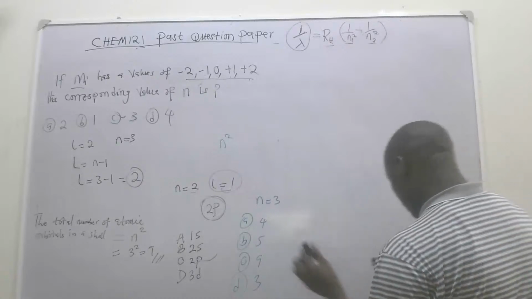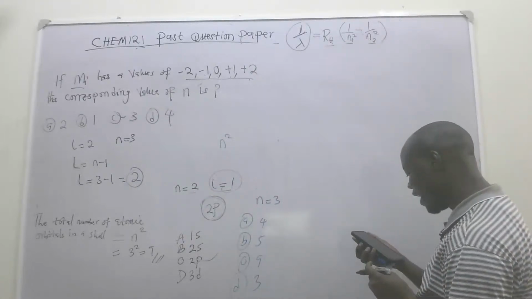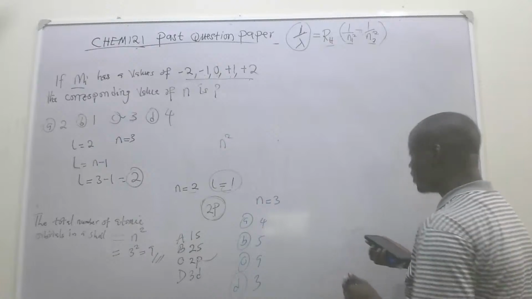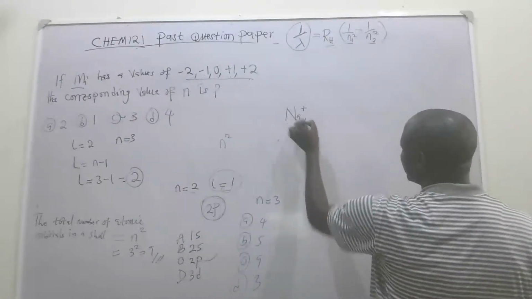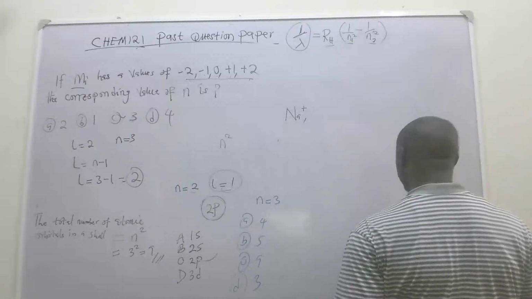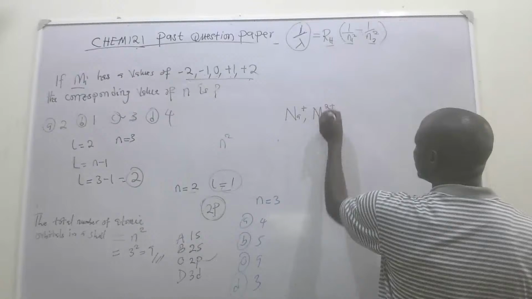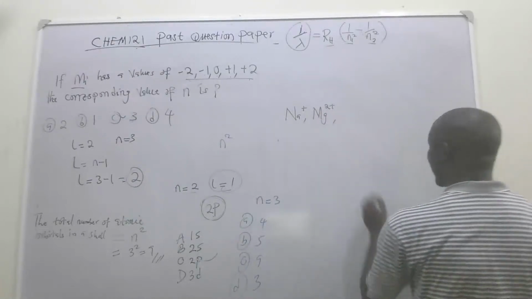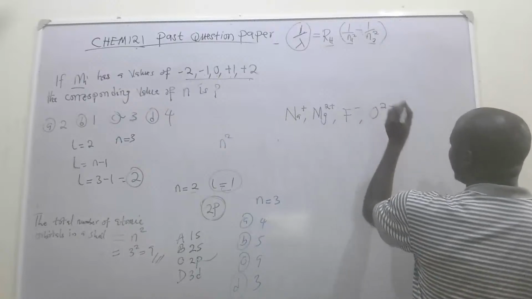So the question says the correct order of increasing atomic radii. So these are the atoms. We have sodium ion, we have magnesium ion, we have fluoride ion, and we have oxygen minus.